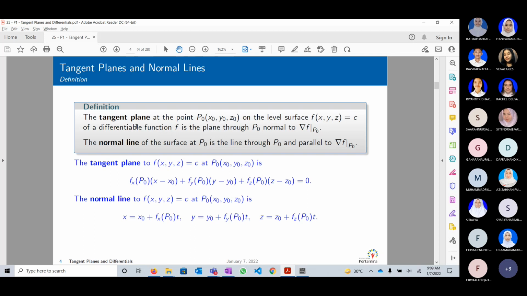So, first, we will learn about tangent planes and normal lines. What is actually a tangent plane and normal line of a surface? So this is the definition. The tangent plane at the point P0, x0, y0, z0 on the level surface f(x, y, z). f is a function of x, y, and z, and the level surface is where the function is constant.